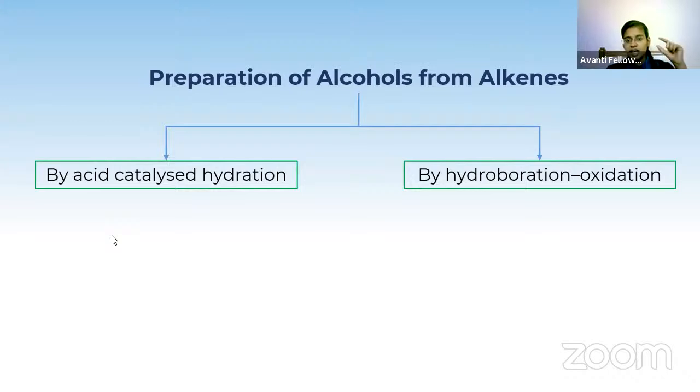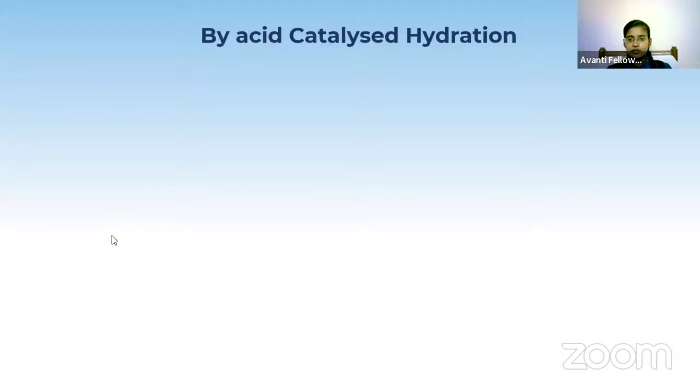I have taken the first compound, alkene, and using alkene itself, we can go for two ways. One is acid catalyzed hydration and the other one is hydroboration oxidation. Let me take the acid catalyzed hydration method first to prepare the alcohol from alkene.